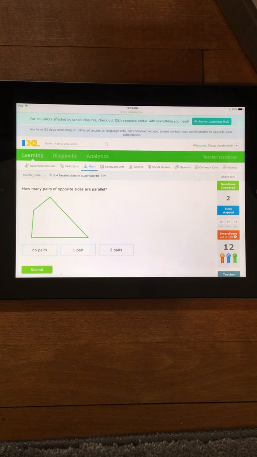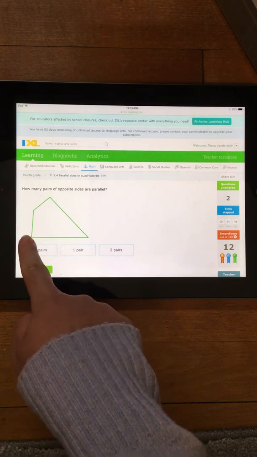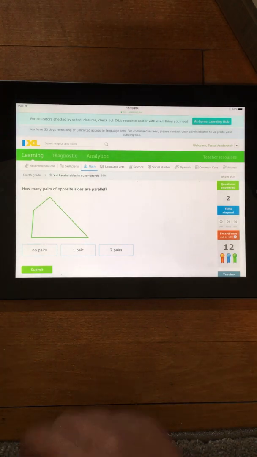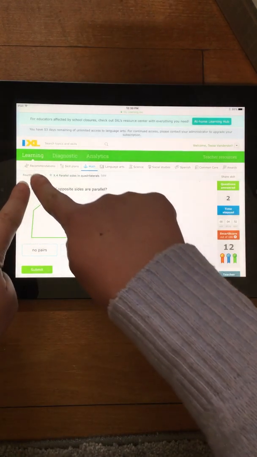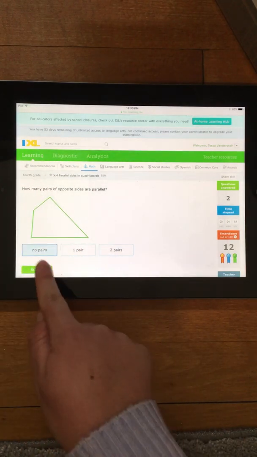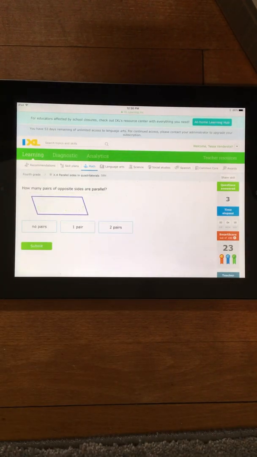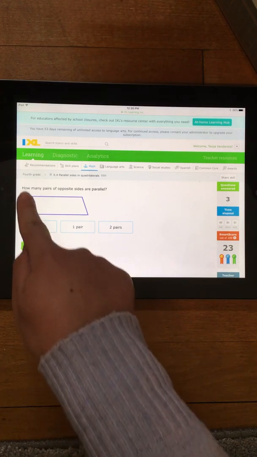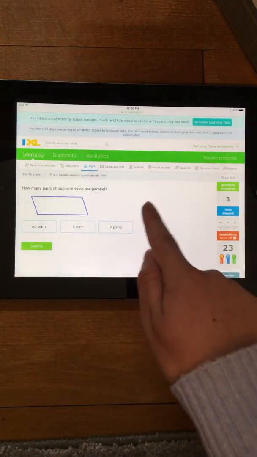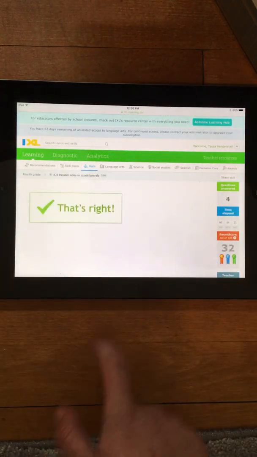This one doesn't have any parallel sides because none of them look like railroad tracks, right? If I ran these 2 lines, they would eventually run into each other, and these ones would eventually run into each other, so no pairs. However, for this one, these lines are parallel to each other, and these lines are parallel to each other, so I would say 2 pairs.